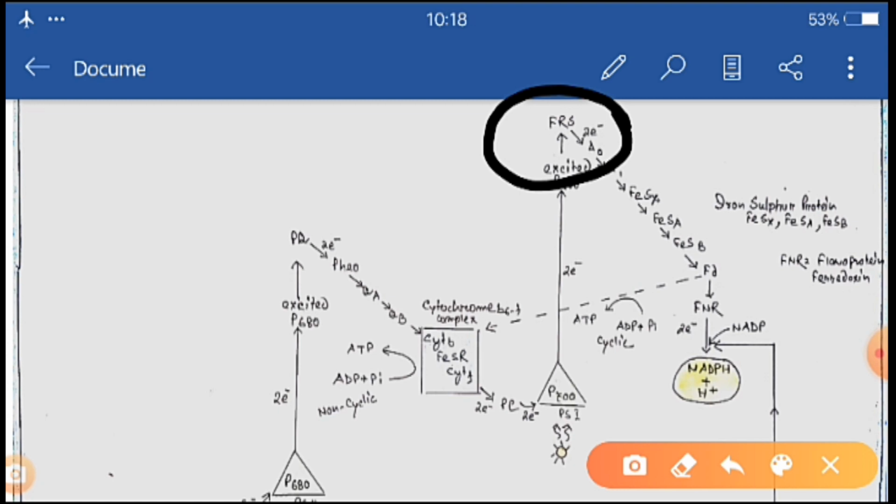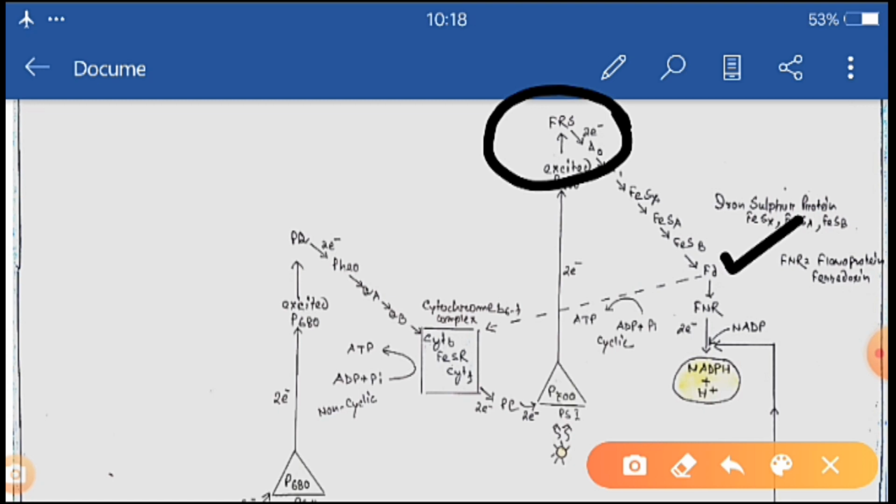So this ferredoxin reducing substrate will transfer the received electrons to ferredoxin via a few other carriers like iron sulfur proteins.